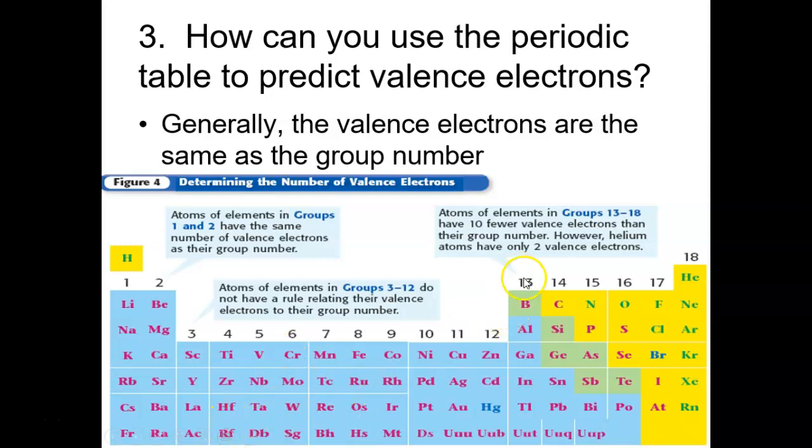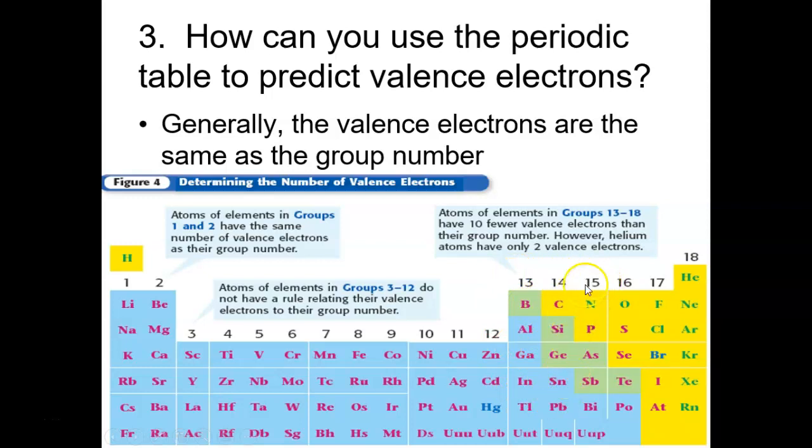However, if we look at group 13, 14, 15, 16, 17, and 18, all you have to do is subtract 10 from each number, so take away the tens column, and that will tell you how many valence electrons there are. So in group 13, there are 3 valence electrons. Group 14, there are 4 valence electrons.